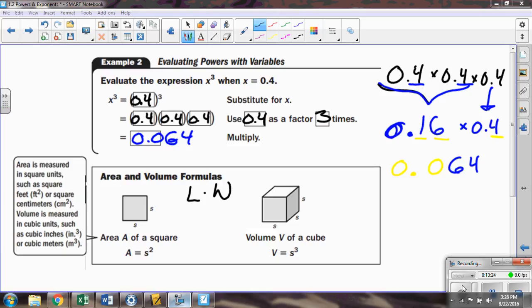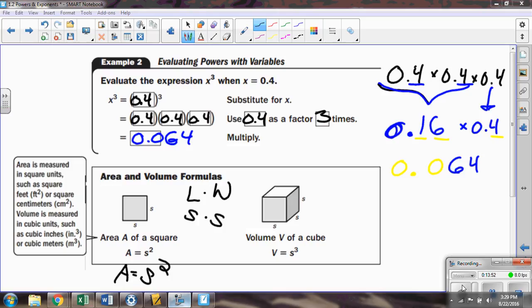Since the area of a rectangle is length times width, and we know that a square is a rectangle with the sides the same, we can simply do a substitution and note that it's side times side. There's our repeated multiplication. We have our base of s and an exponent of 2. The area of a square is just side squared.